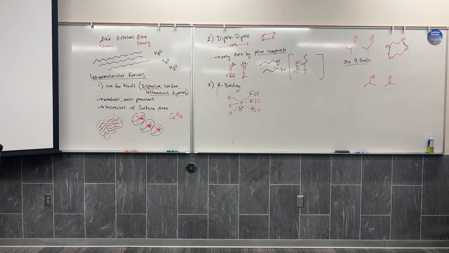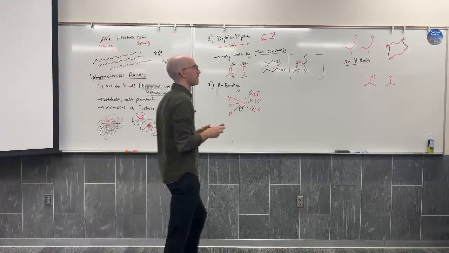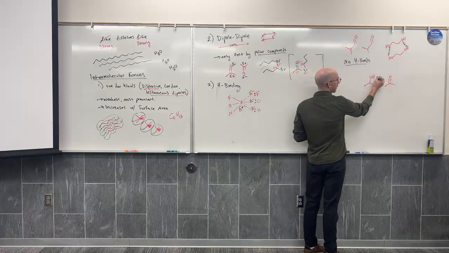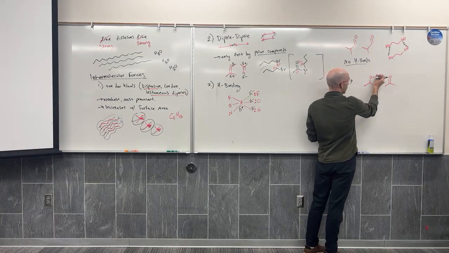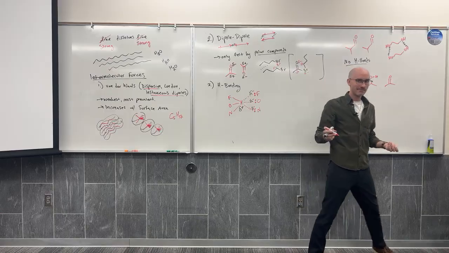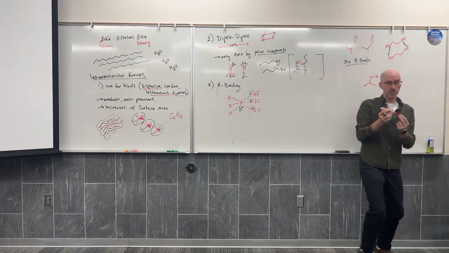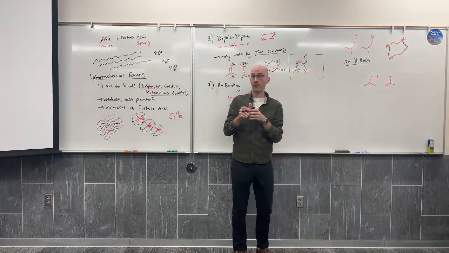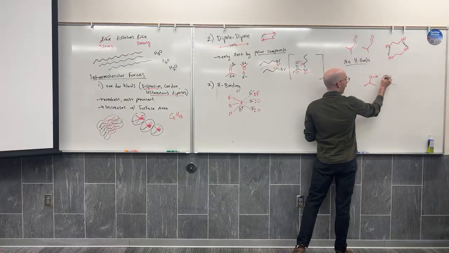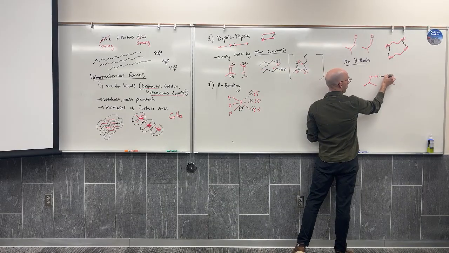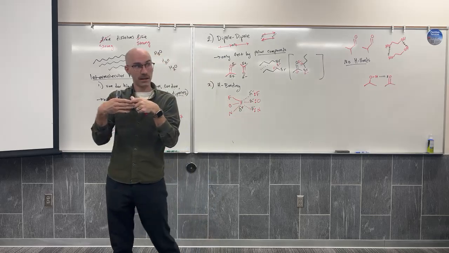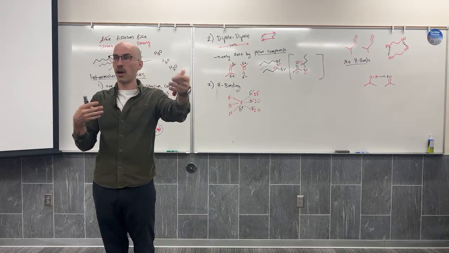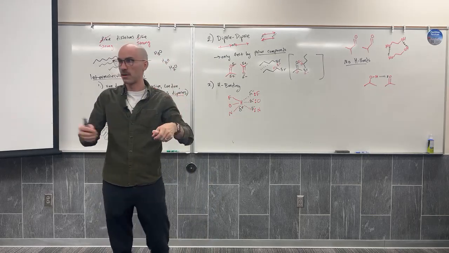Yeah, between the H. Exactly. This OH qualifies for hydrogen bonding. So yes, isopropyl alcohol hydrogen bonds with itself, but it also has a lone pair on acetone's oxygen that can receive a hydrogen bond. So we say H bond donor, H bond acceptor.